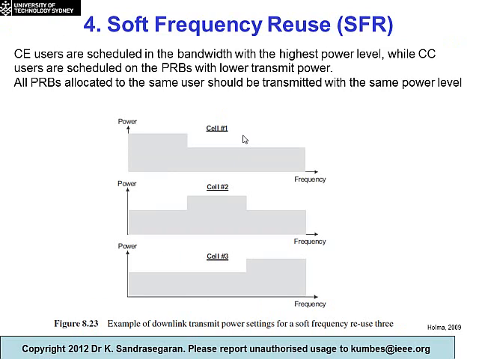So here, what are we doing? Well, what we're doing here is that we're using the entire band in every cell. The only difference we're doing is for cell edge users, we allocate different portions of the band and we transmit them at higher transmission power. Okay?